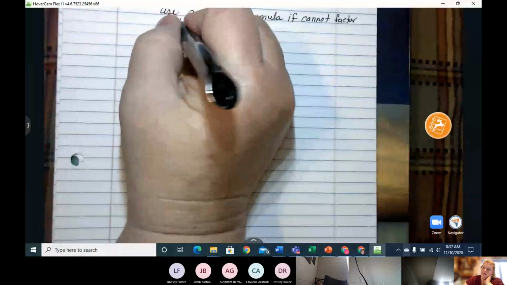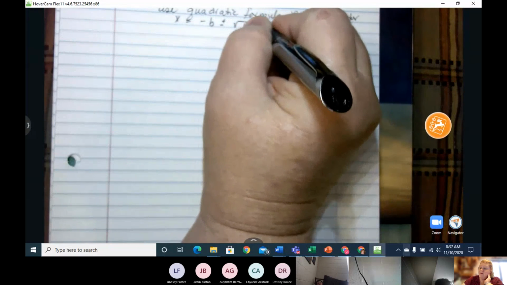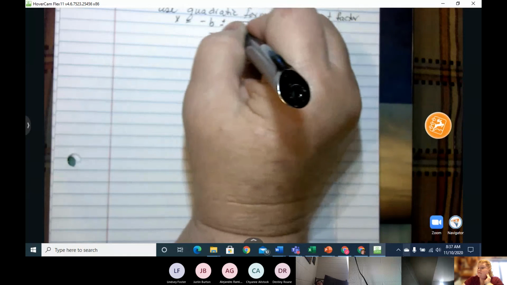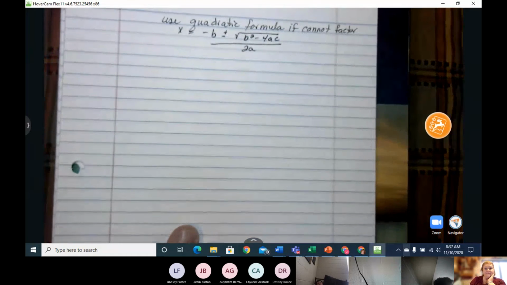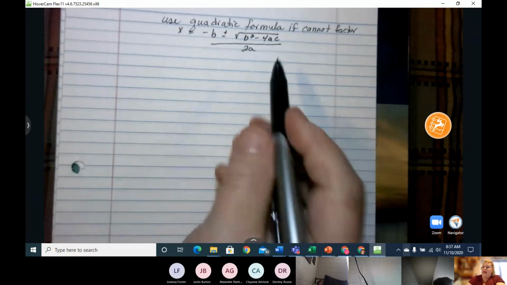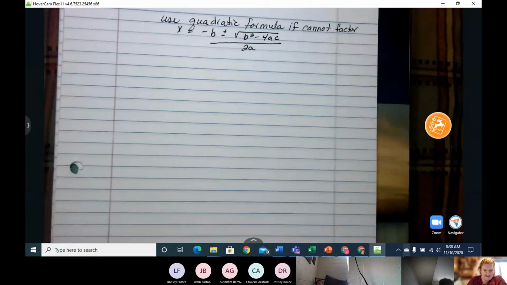And that would be x equals negative b plus or minus the square root of b squared minus 4 times a times c, all over 2 times a. So that's another formula that you would want to have written down nearby to have during the test.